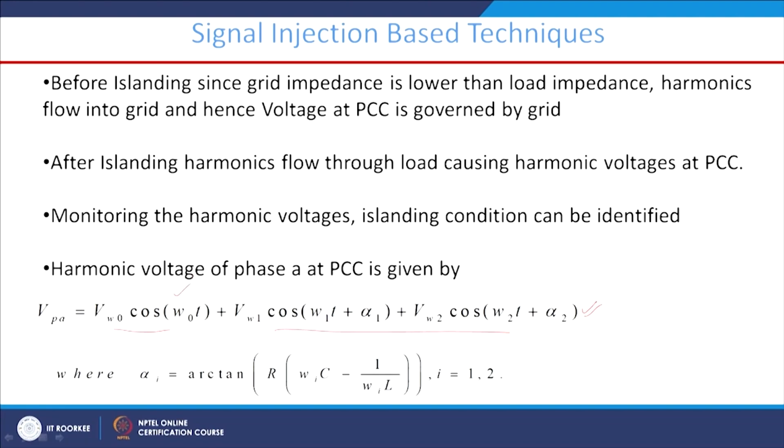The first part is V omega naught cos omega naught t plus V omega 1 cos(omega 1 t plus alpha 1), and then omega 2 t and alpha 2, where this alpha i is basically the angle, expressed here as arctan of r into (omega i c minus 1 upon omega i L), and this i is equal to 1 and 2. This is how this particular signal injection based technique provides the information about the current as well as the voltage of phase A.